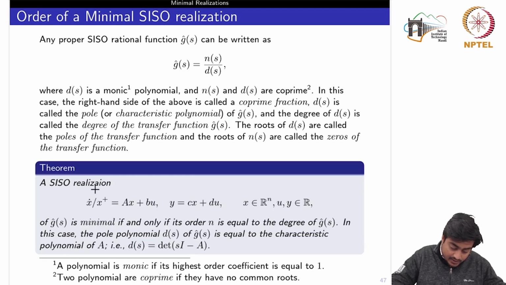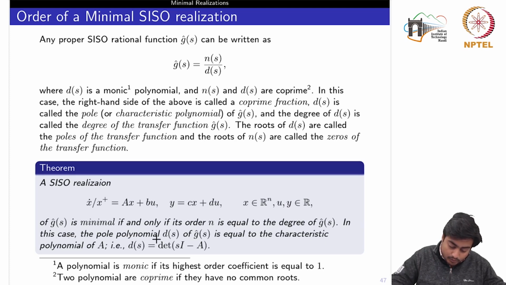It says a SISO realization, which is given by this (A, B, C, D) pair of G-hat(s), is minimal if and only if its order n, the dimension of x, is equal to the degree of G-hat(s). Now the degree of G-hat(s) is given by the degree of D(s), the denominator polynomial.